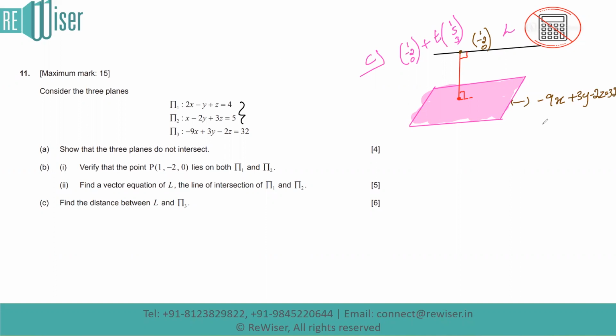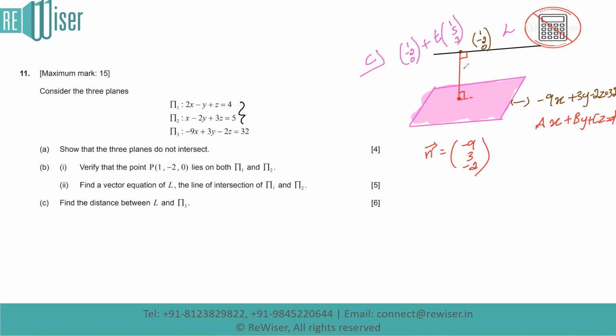Clearly, if I compare it with the Cartesian equation of a plane, ax plus by plus cz equals some constant d, the capital A, B, C represent the components of the normal vector. So this would be the normal vector, and its direction will be (-9, 3, -2).